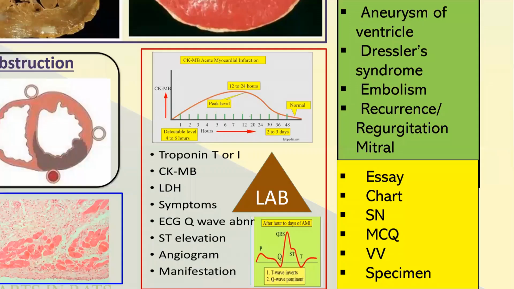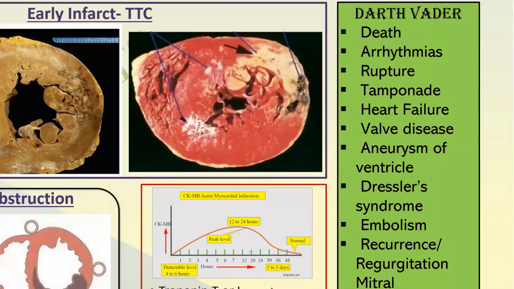Now, that having been said, what can be the complications in a case of myocardial infarction? This is a mnemonic that I would like you to memorize, taken from the books of nursing as well as medical students.